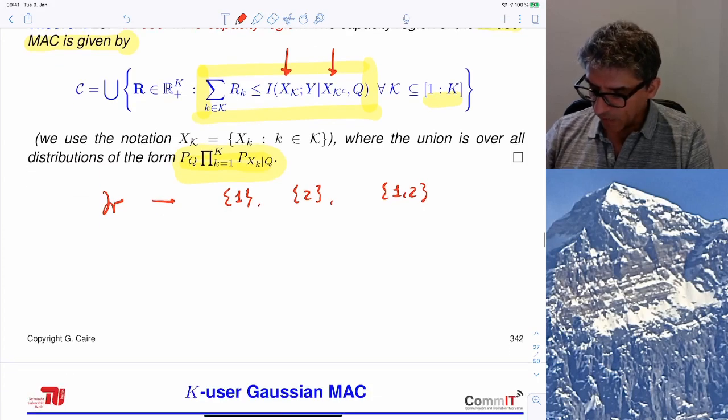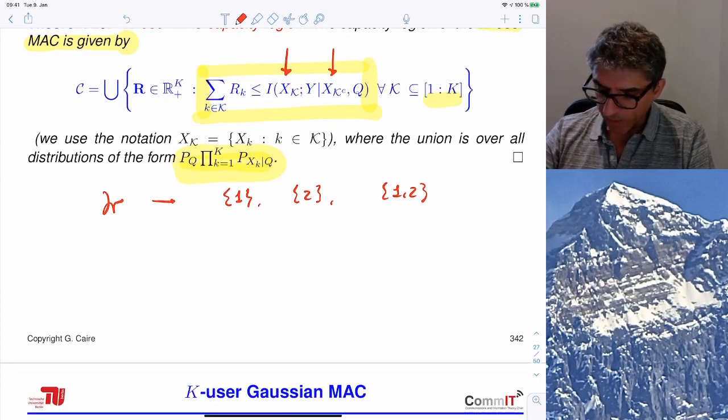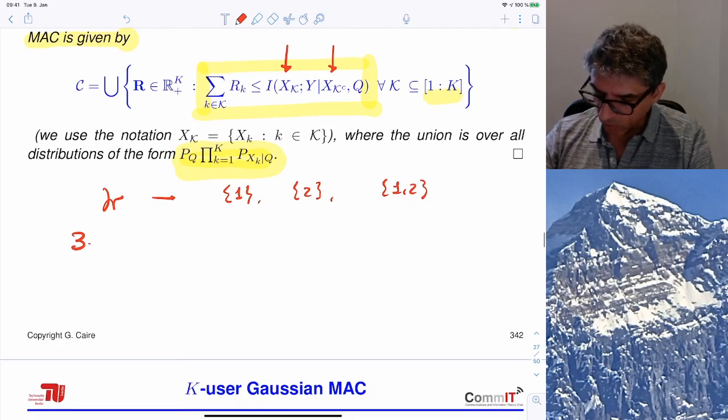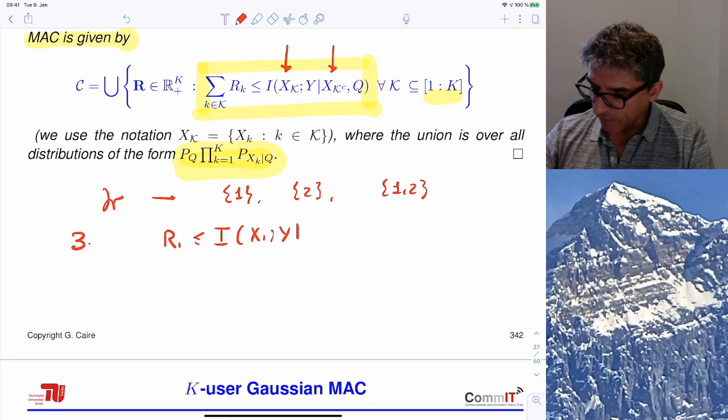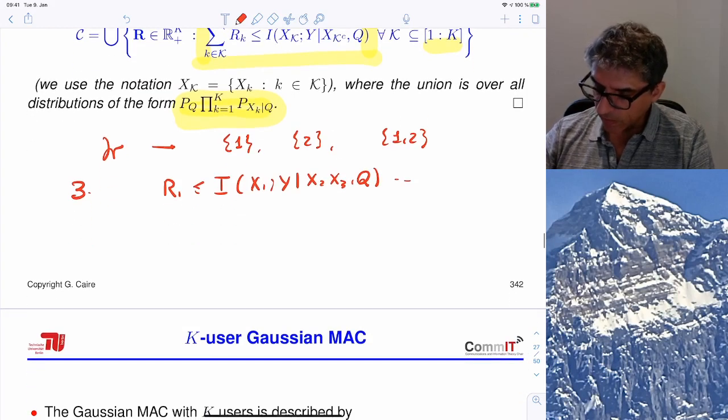In general, for example for the case of 3 users, we would have inequalities of the following type. We would have R1 less or equal than the mutual information between x1 and y given x2, x3, and q. And then you have all the other 3 inequalities for the individual rates.